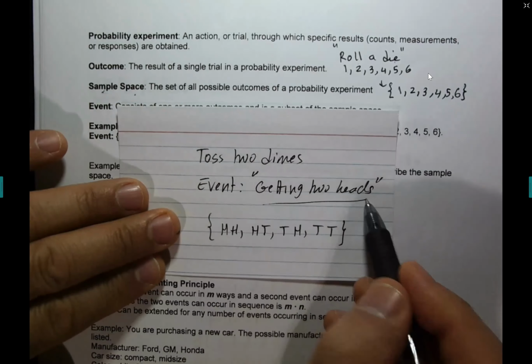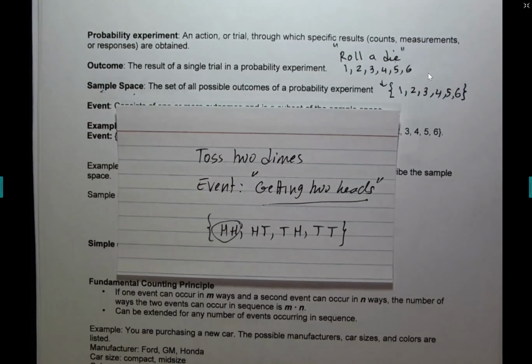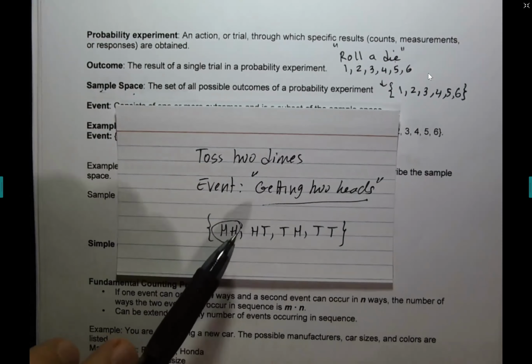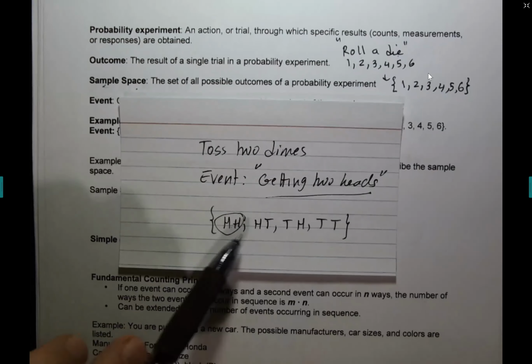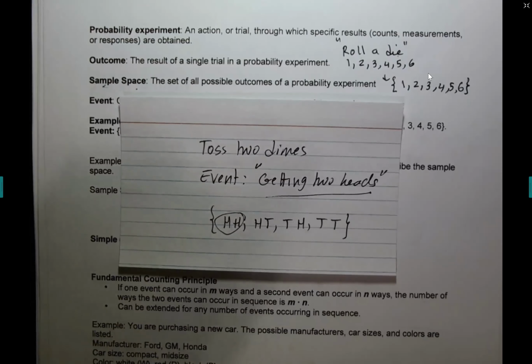So getting 2 heads, this is the only way I can get 2 heads right here, H, H. So my chance of winning, guys, will be 1 out of 4. And if you wonder how I know it's 1 out of 4, this is 1 out of the total. There is only one outcome in my favor, divided by the total number of outcomes, which is 4.